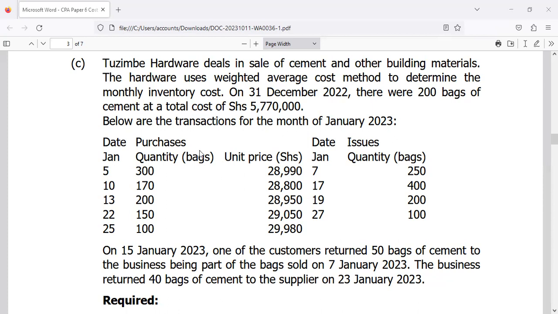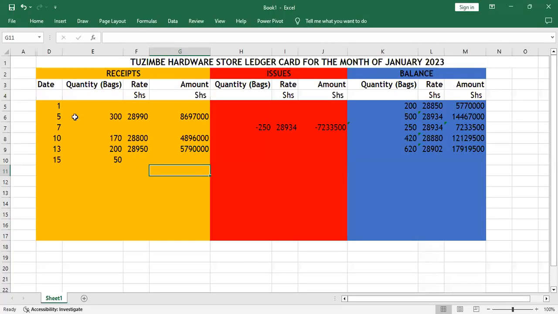The bags sold on 7th January. From 7th January, the cost of each bag we sold was 28,934, and that will be the rate to use. So we value them at 28,934 because that was the cost assigned to each bag.